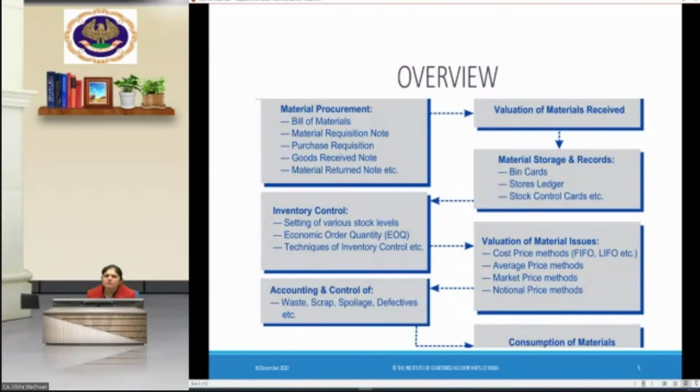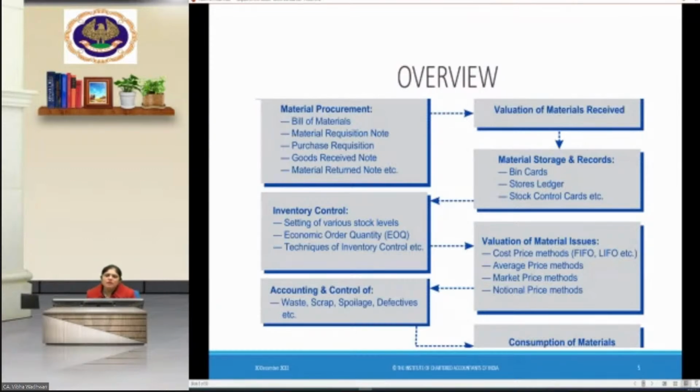Material requisition note. The material requisition note is basically made by the production department or any department which requires material, or by the stores department also, saying that we want the material. It is for the manufacturing process.